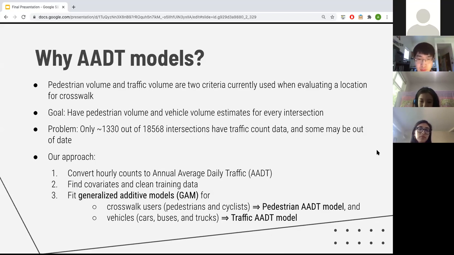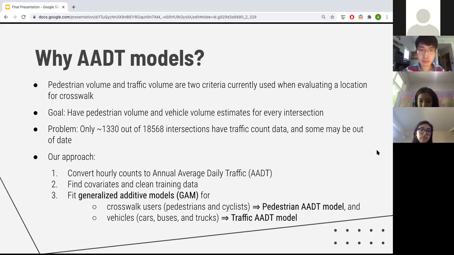Our approach was to first convert the raw traffic count data, typically 7 hours in length, to annual average daily traffic, using the conversion factors provided to us by the City of Surrey. This conversion also gives us a lower and upper bound of AADT. Then we find covariates that we think are related to traffic volume from the data we have.